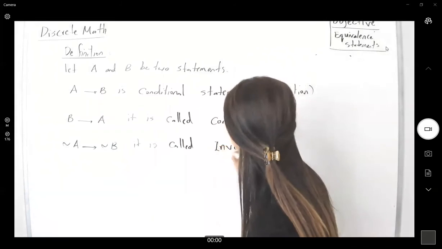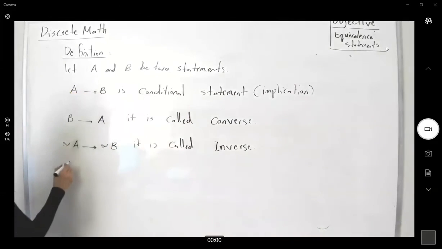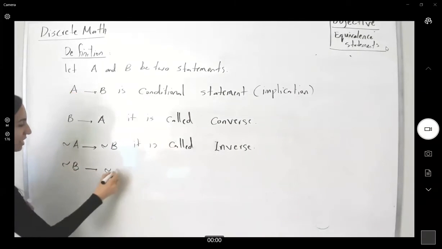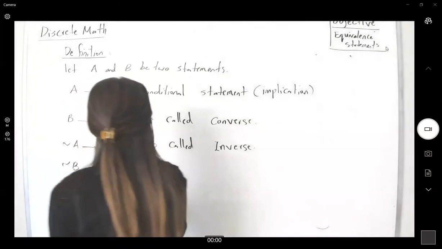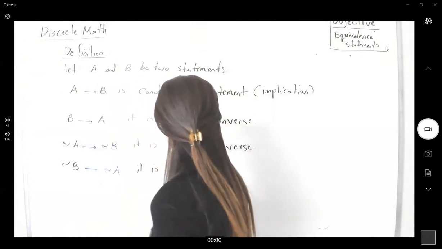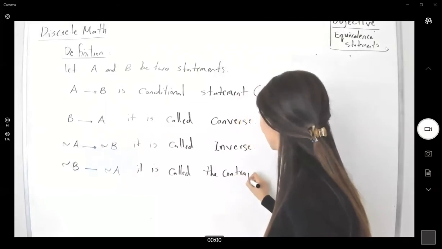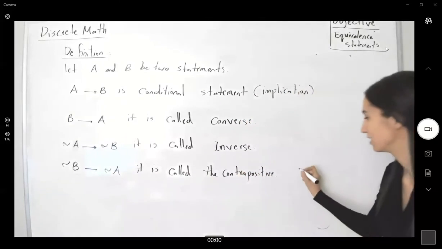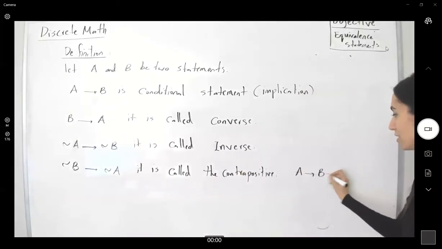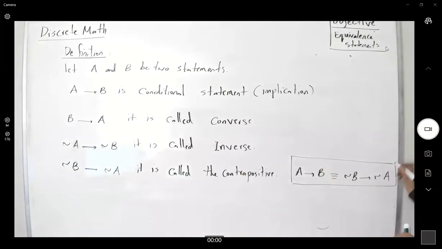And you already know that if you write the negation of conclusion, then the negation of hypothesis, it's called the contrapositive. And we know that A, then B is the same as not B, then not A.